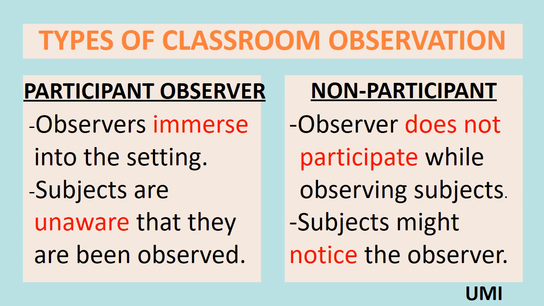However, this might cause the students to notice the observer, because the observer might likely be different from the rest of them. So this will eventually affect the data collection, as the students will behave unnaturally as the result of being observed.